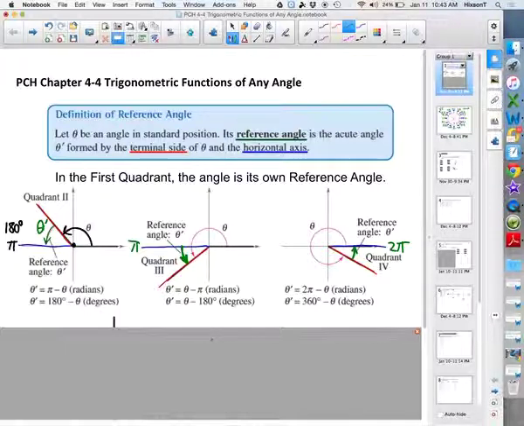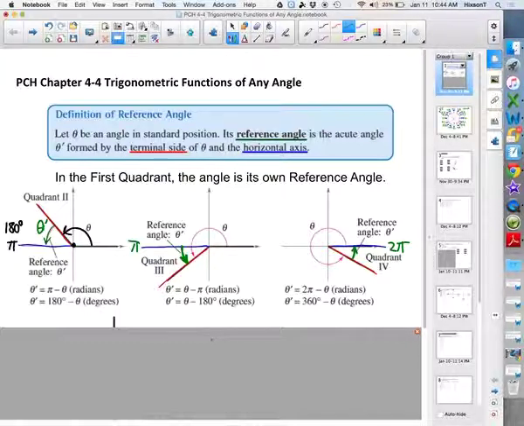Now, you see here formulas for each of these. My advice to you is don't try to just memorize the formulas. Think about what the angle is and get a point of reference. Get either pi or 2 pi as your point of reference, and then it's very obvious what you need to do.